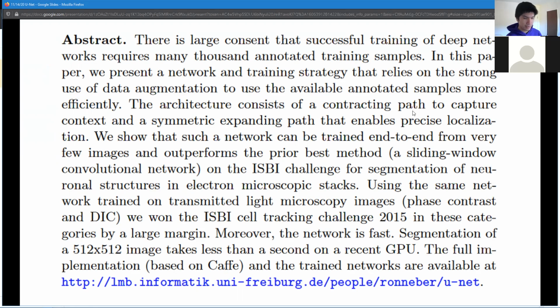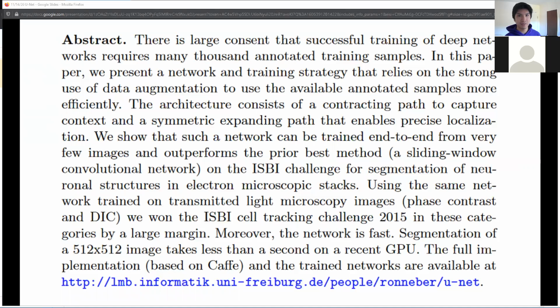So here's the abstract, and we'll just go through it. First sentence: there is a large consent that successful training of deep networks requires many thousand annotated training samples. In this paper, we present a network and training strategy that relies on the strong use of data augmentation to use the available annotated samples more efficiently. And we'll also go through what data augmentation is.